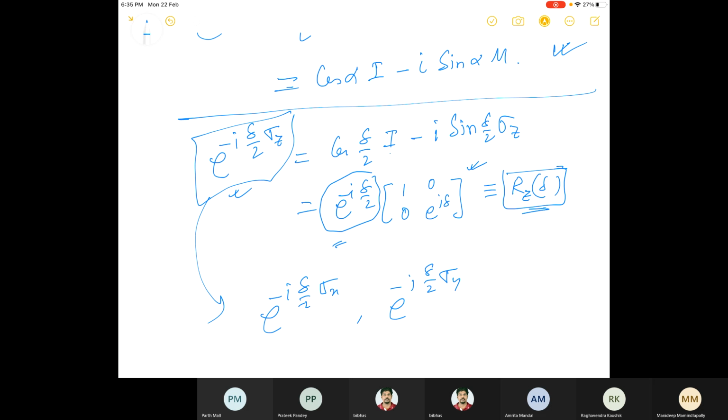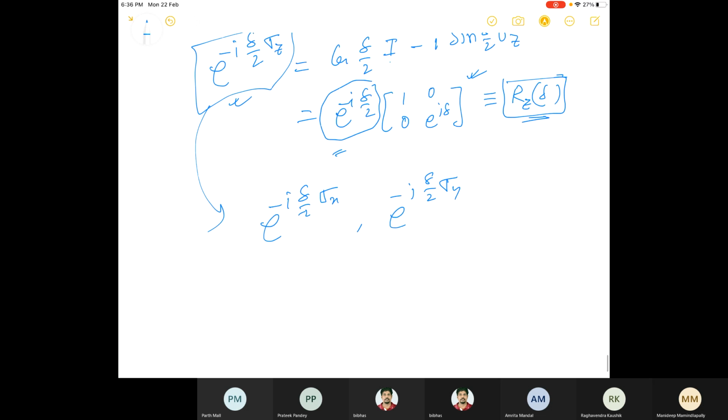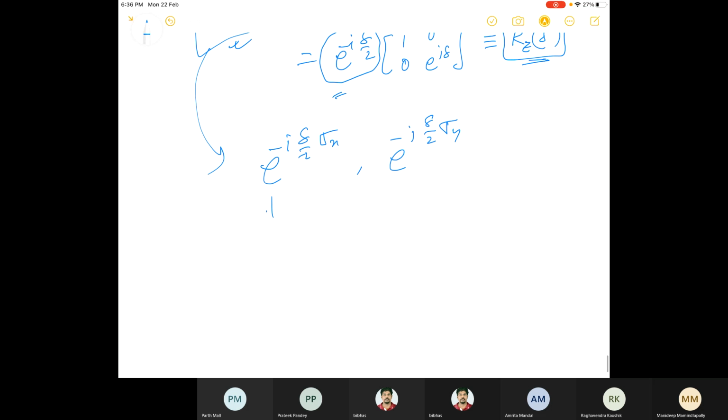Okay, the qubit is the vector on the surface of the Bloch sphere. Let me write down these matrices. So this is cos delta by 2, minus i sine delta by 2, minus i sine delta by 2, cos delta by 2.